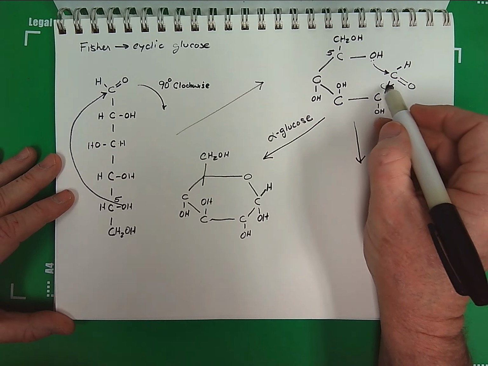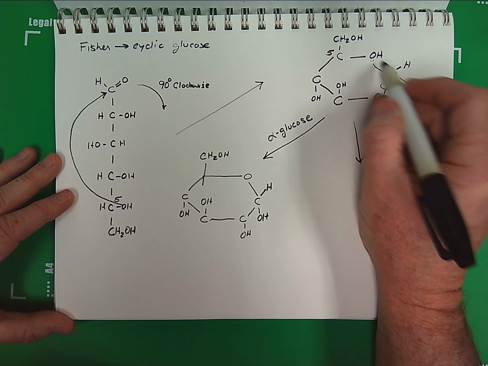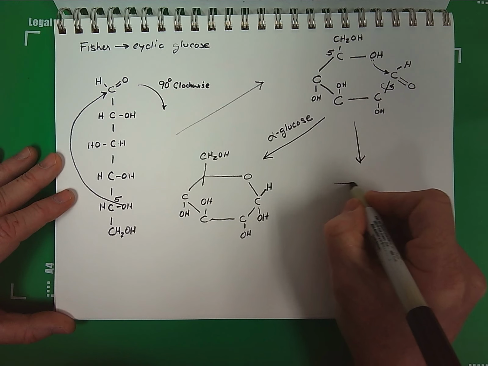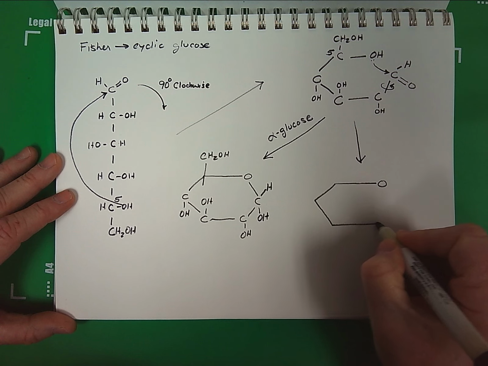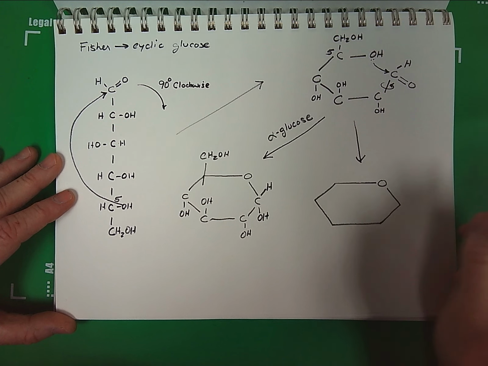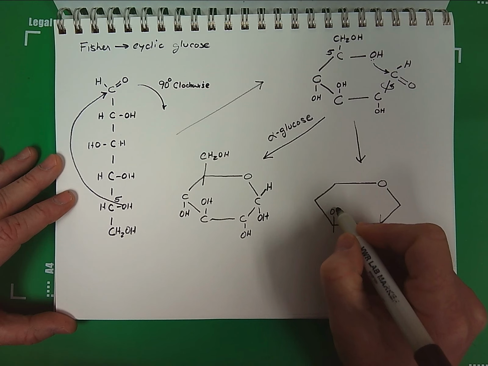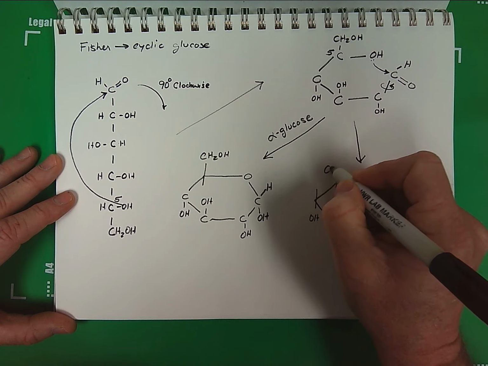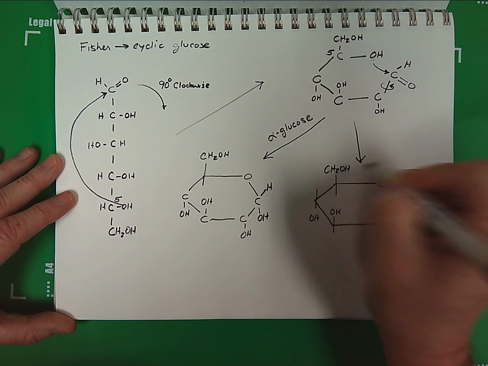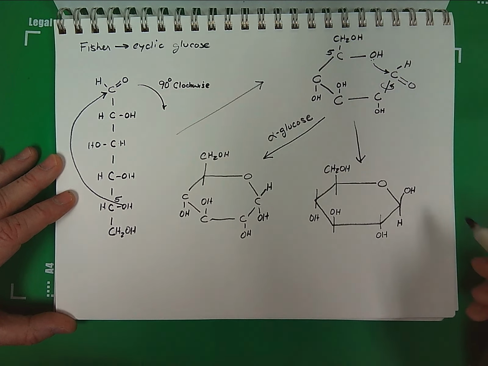Now, perhaps this bond will rotate and the carbonyl will face upward when the oxygen attacks. What will our structure look like then? In this case, the hydroxyl group will face upward.